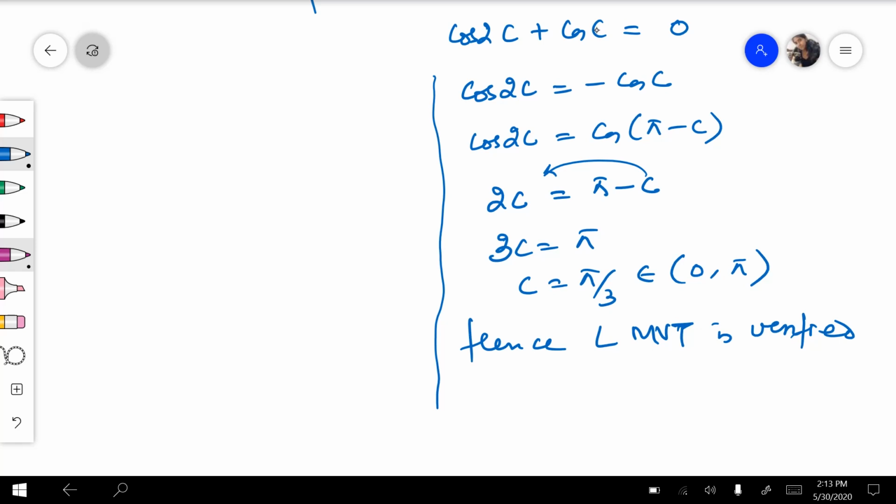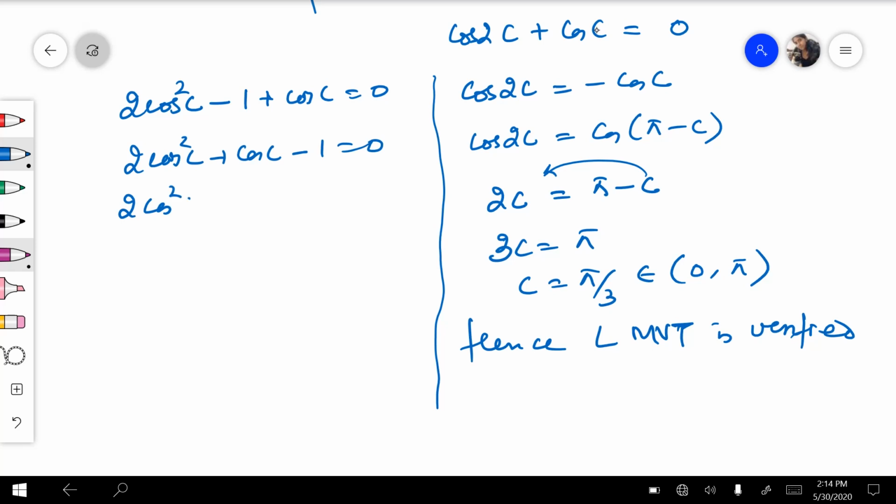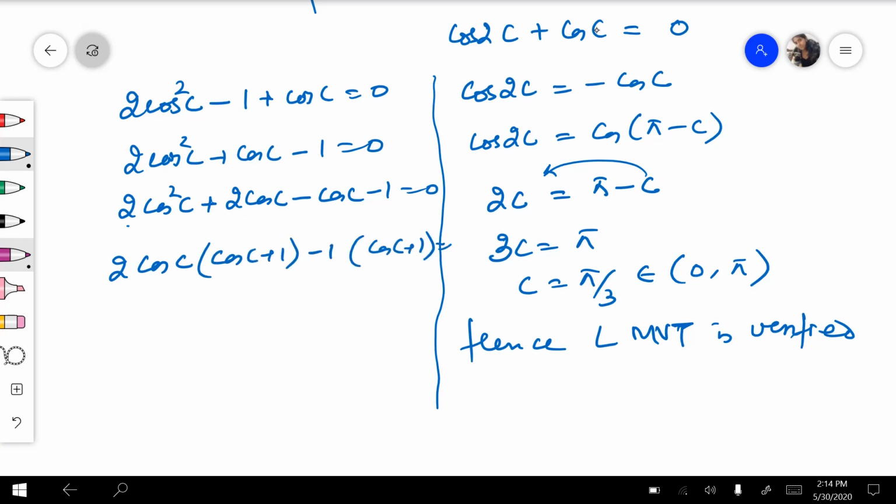You can write cos 2c as 2 cos square c minus 1 plus cos c is equal to 0. यानी कि अगर ये सोल्यूशन नहीं लेना चाहते तो आपके पास क्या आ जाएगा, दिस इज क्वाड्रेटिक इक्वेशन, 2 cos square c plus cos c minus 1 equals to 0, जिसको मैं फैक्टराइज करूँ तो 2 cos square c plus 2 cos c minus cos c minus 1 equals to 0, which gives you 2 cos c common, so cos c plus 1 minus 1 common, cos c plus 1 equals to 0. (2 cos c minus 1) into (cos c plus 1) equals to 0.